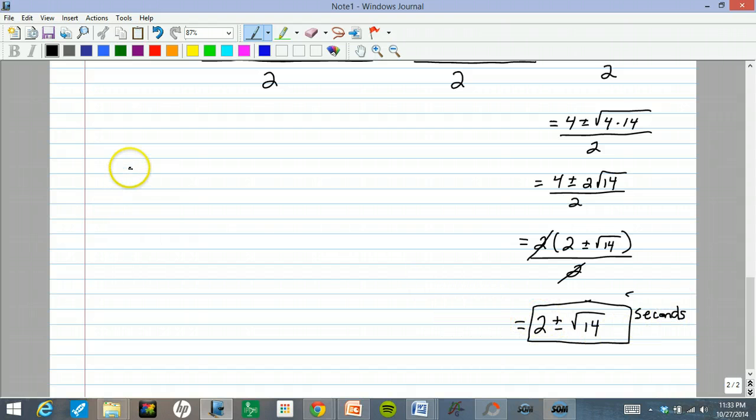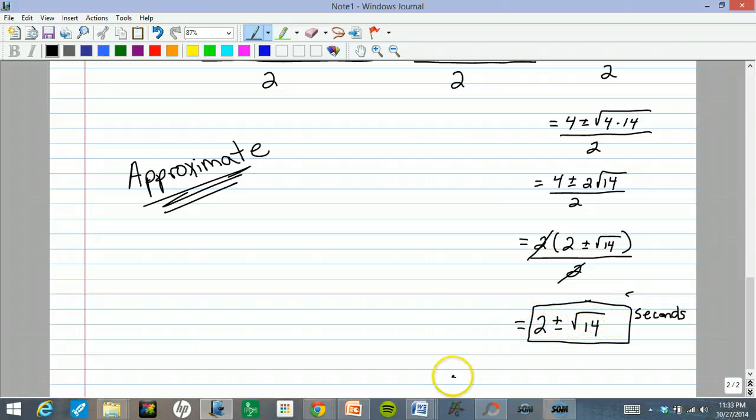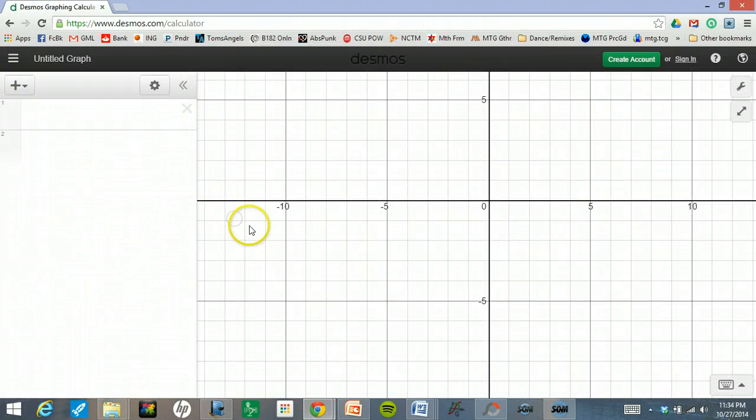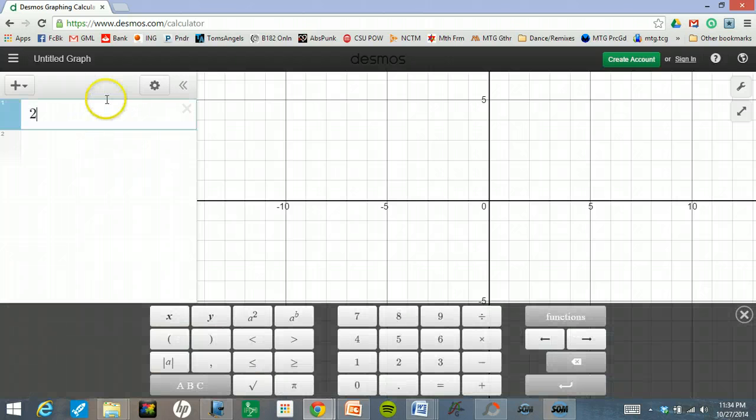Here's an application where we do want to use the approximation, because most people don't know what that is. So let's go to a calculator and see. 2 plus the square root of 14 is approximately 5 point, well, let's see, we're dealing with seconds, so I don't know what seems like a reasonable amount of rounding.